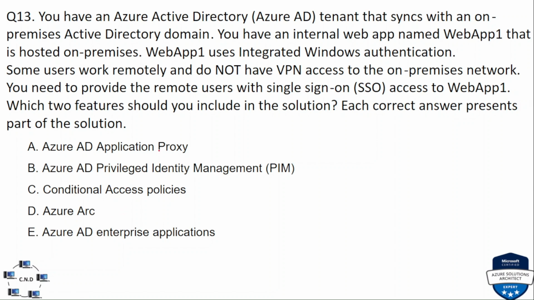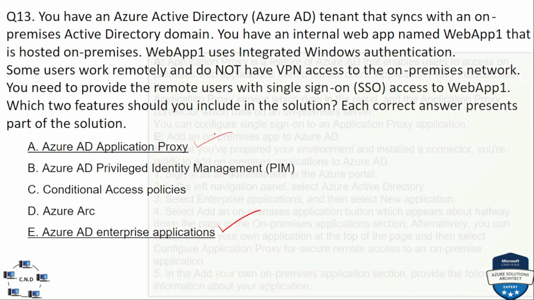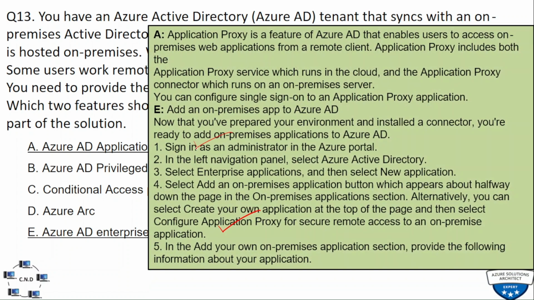And the correct options are Azure AD Application Proxy and Azure AD Enterprise Applications. So these two are the correct options needed to connect your users to your on-premises web application that don't have VPN access.